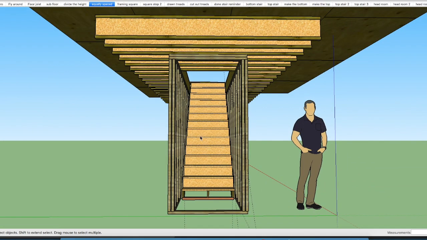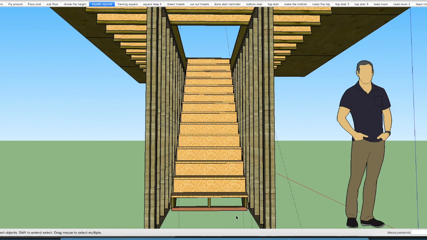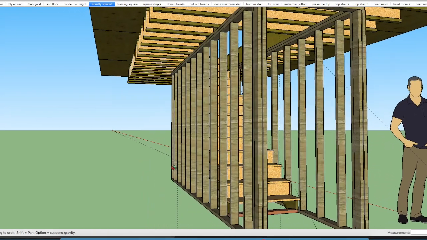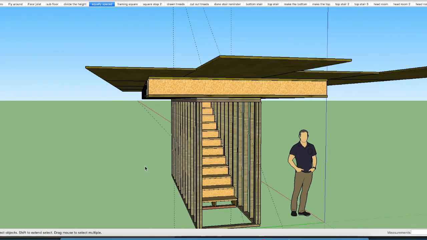The code says that those steps can be no larger than 8 inches tall from top of step to top of step. So we'll need to divide the total distance from top of subfloor to top of basement floor in a way that'll be less than 8 inches. Well, let's measure what we have for height.